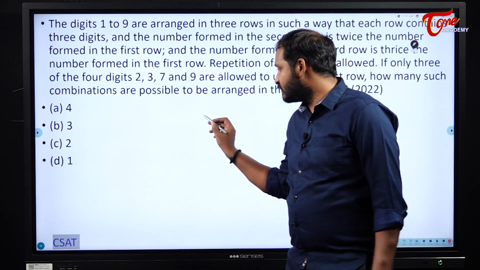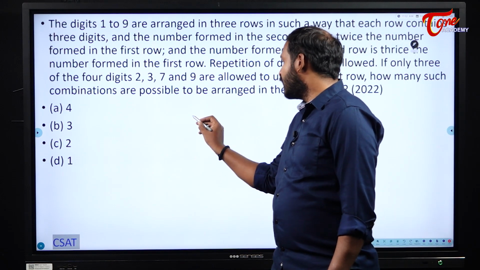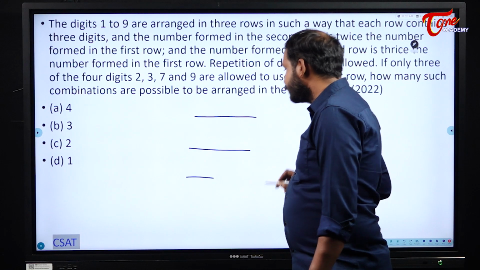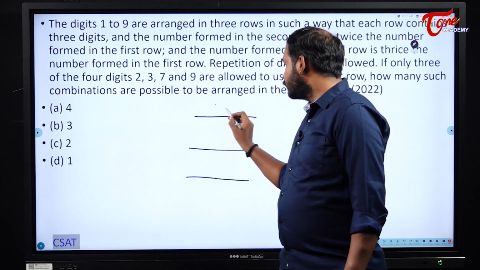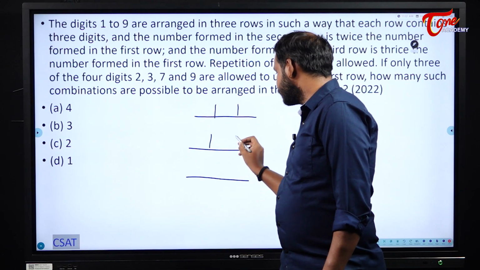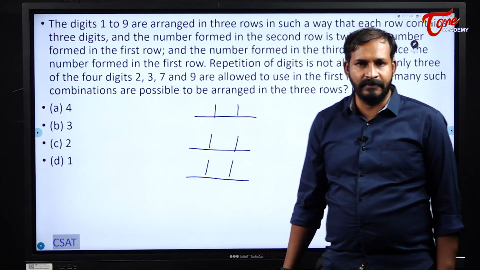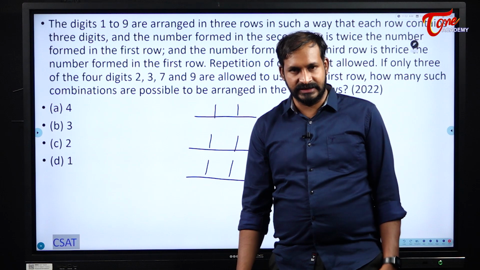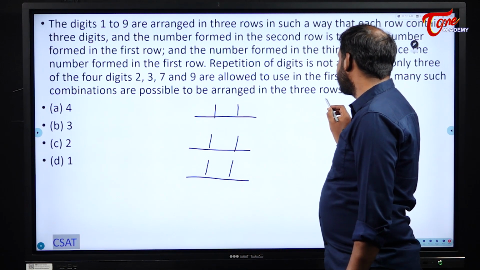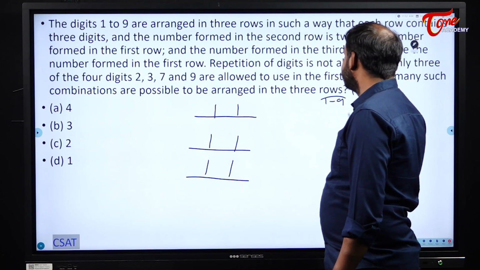So see here, students, what the question actually is: there are 3 rows. Each row has a number which is formed by 3 digits, and we should use the digits from 1 to 9.